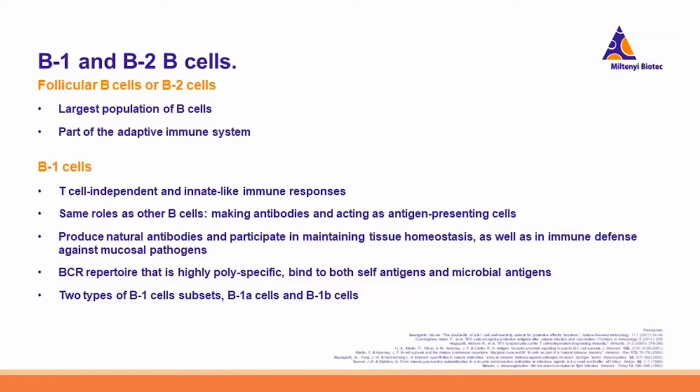Their repertoire is more polyspecific, so they bind to microbial antigens, but also to self-antigens. And in this B1 type of B cells, we have two subsets, the B1A cells and the B1B cells.